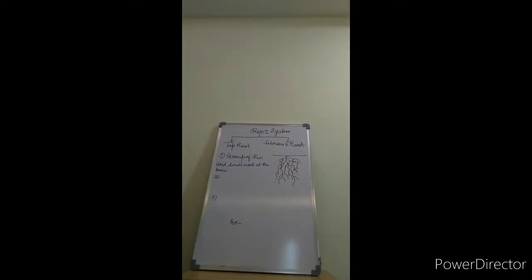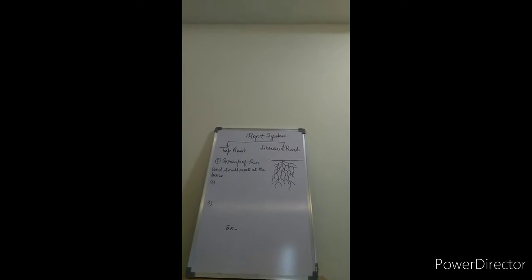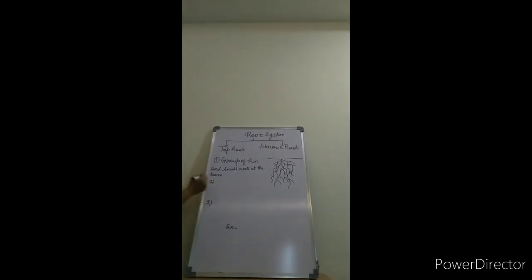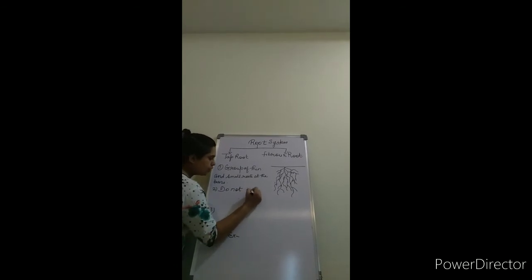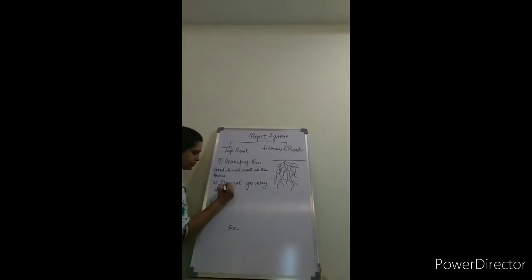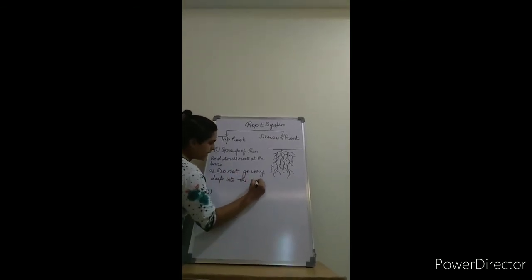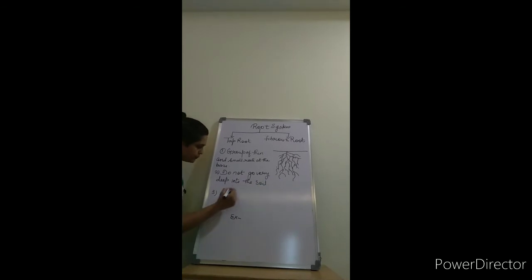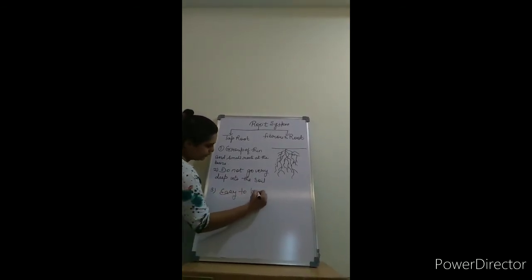Fibrous roots do not go very deep into the soil, and they are easy to pull out.